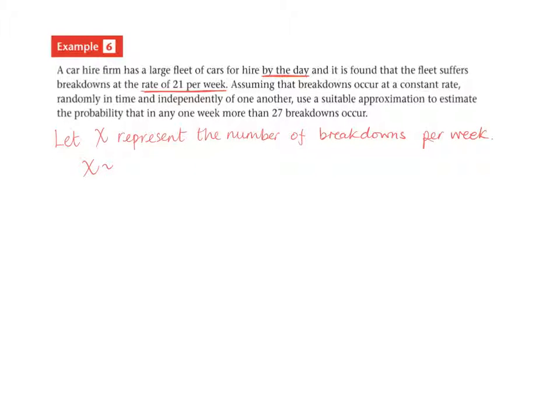So x would follow the Poisson of 21, because we've got 21 breakdowns per week. So if we now change that, we can do the normal distribution. So y is going to follow the normal, and how does that work out? Well, that's going to be lambda is 21 and 21. Or I could put root 21 in there. It should really be root 21, shouldn't it?